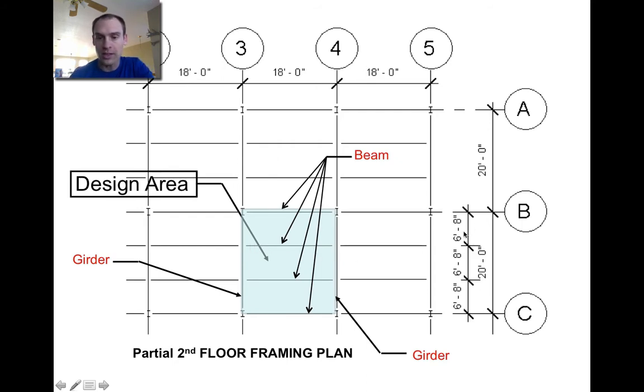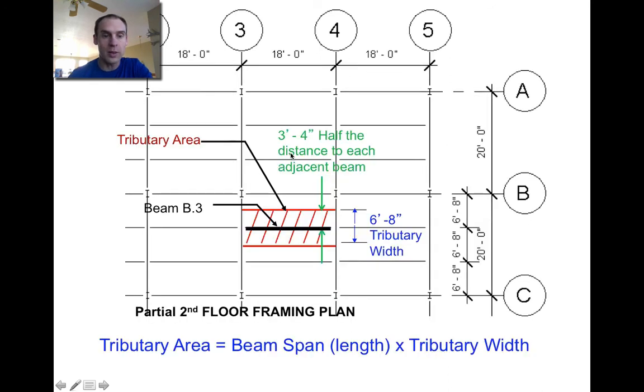Well, you look at your design constraints, and this says that there's 6 feet 8 inches between beams right here, and that they're 18 feet long. So the next thing we need to do is figure out tributary area, and that is the beam span, or the length of the beam, times the tributary width. And tributary width just means how wide is the area that it's supporting.